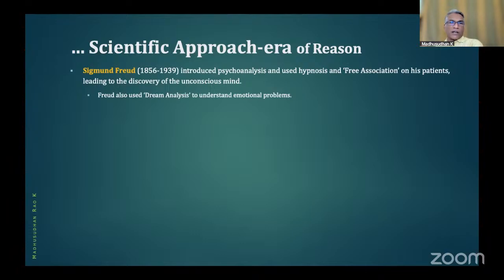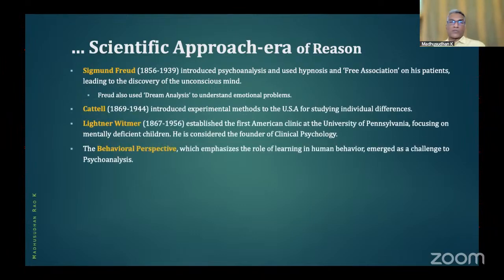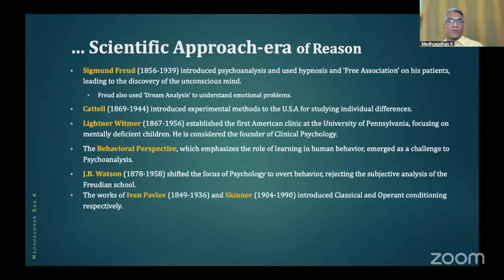Now, Sigmund Freud, 1856 to 1939, introduced psychoanalysis. He used hypnosis and free association on his patients, leading to the discovery of the unconscious mind. Freud also used dream analysis to understand emotional problems.